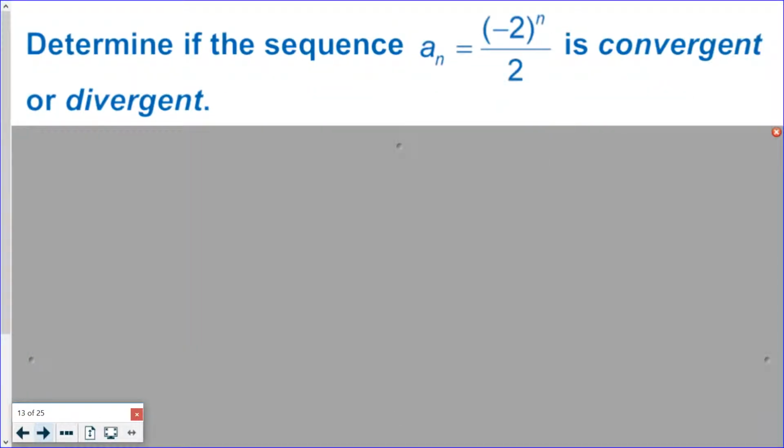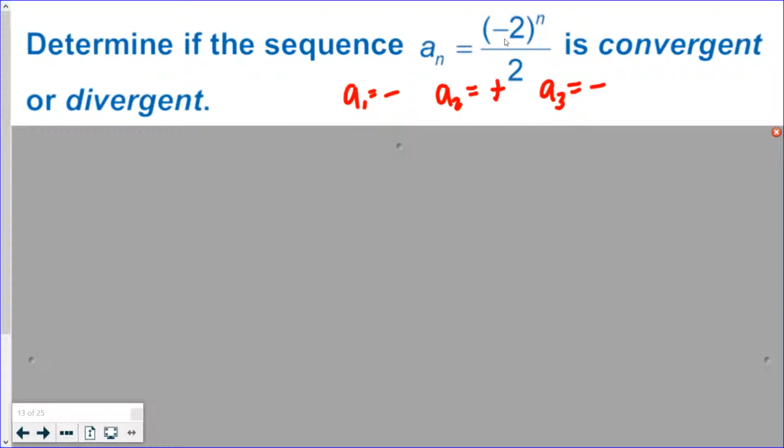Second example is this one here. Is this one alternating? Yes, it is. Remember, you've got this negative inside the parentheses being raised to an n power. So when I've got an odd power, negative to the first power would be negative. If I've got an even power, it's going to be positive because negative squared is positive.